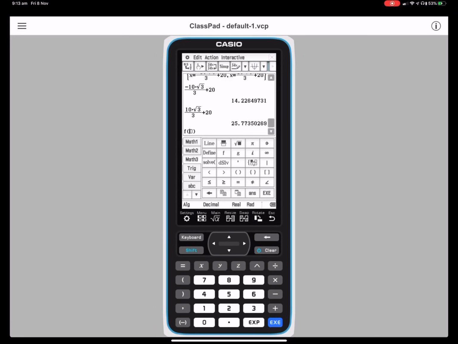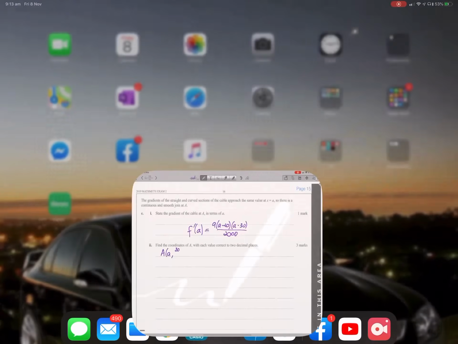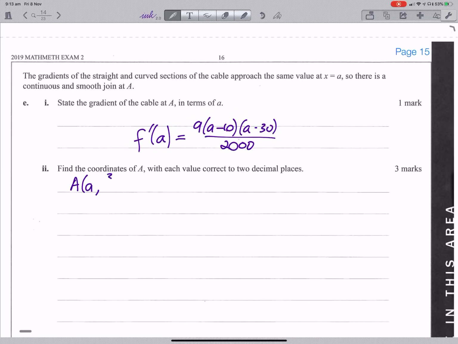f of, let's say A. 3A, A minus 30 squared on 2000. And then the other point is 0, 10. So I can find the gradient.